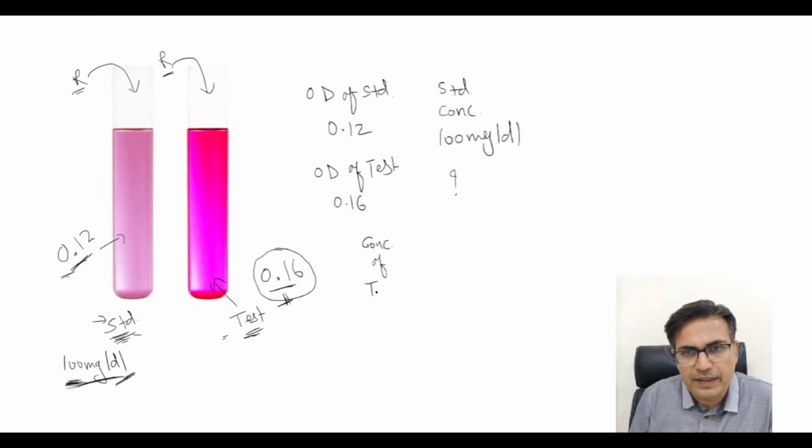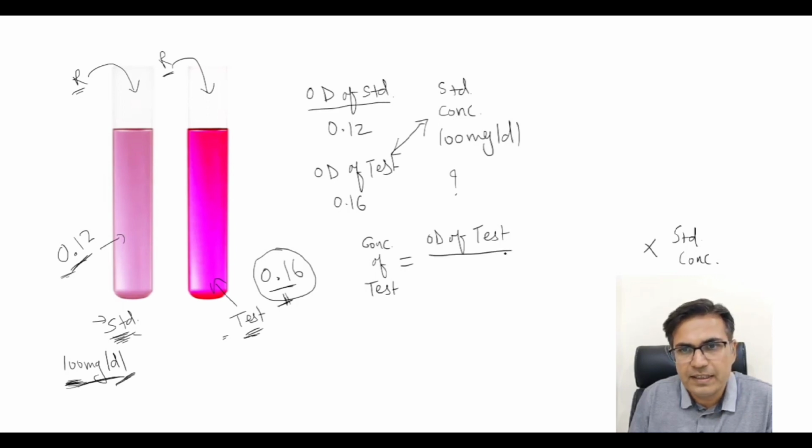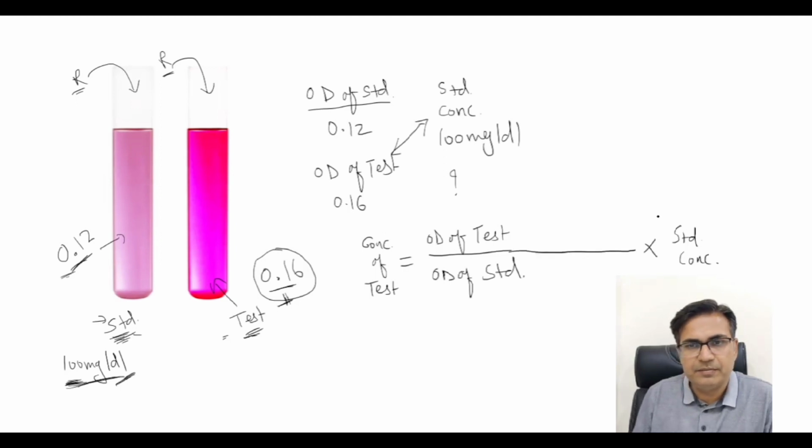Concentration of test is OD of test into standard concentration, divided by OD of standard. Okay, simple.